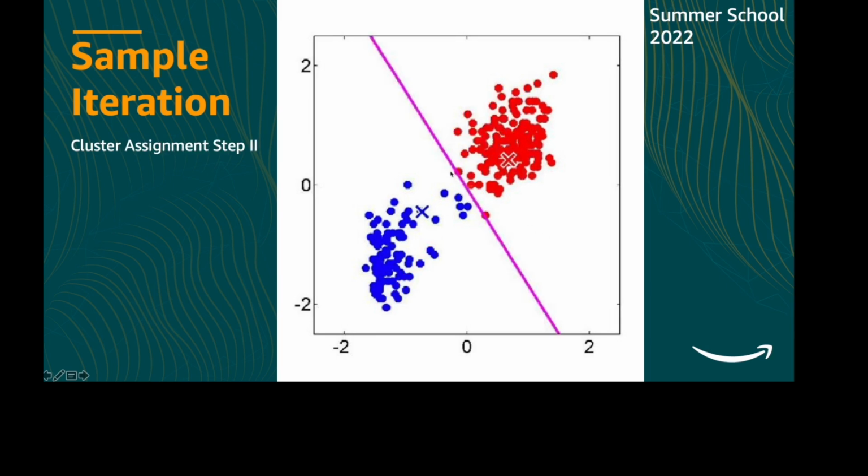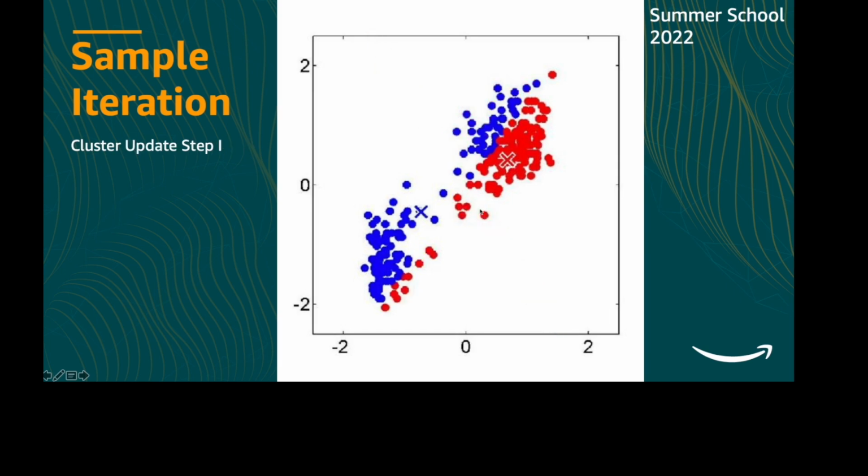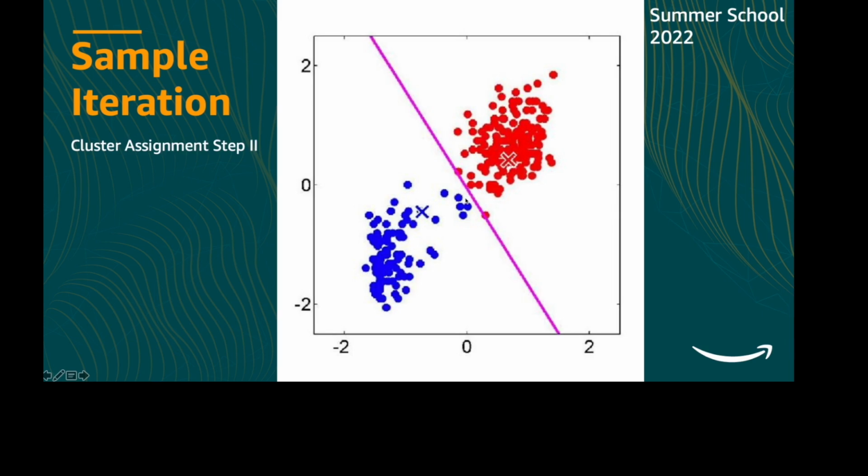After the cluster assignment step for the second time, this is how it looks. Now these points belong to the blue cluster because they are closer to the blue center. Earlier they belonged to the red cluster, now they belong to the blue cluster because they are closer to the updated blue center. So this is the result of the cluster assignment step for the second time.